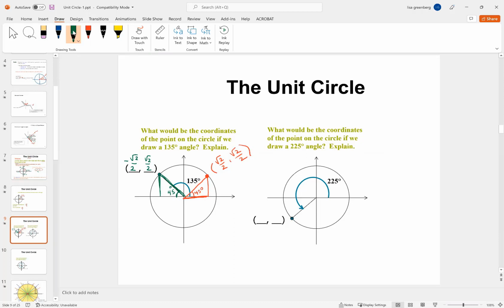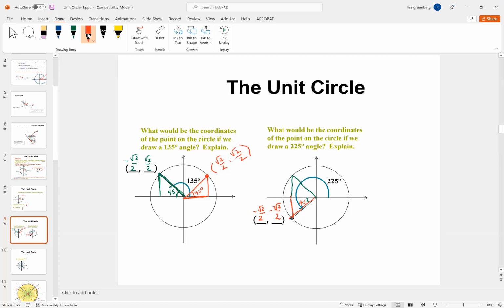And then I could take this same triangle. Let's just draw it in right here. That was 45 degrees. And now what I'm doing is I'm flipping it down into quadrant 3. Where this is still 45 degrees, the side lengths have to be the same. So I know my values. The only thing different in quadrant 3 would be they're both negative, x and y. So this would be negative the square root of 2 over 2, negative the square root of 2 over 2.